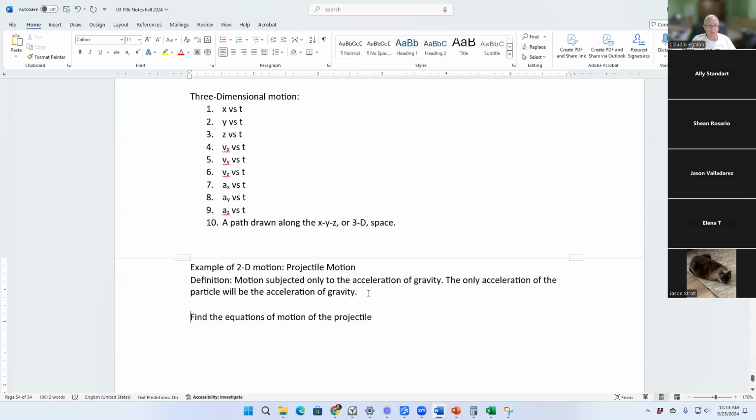The acceleration of the particle will be the acceleration of gravity, given an initial velocity vector. And when I say initial velocity vector, I mean the angle, direction, and magnitude are known, right?